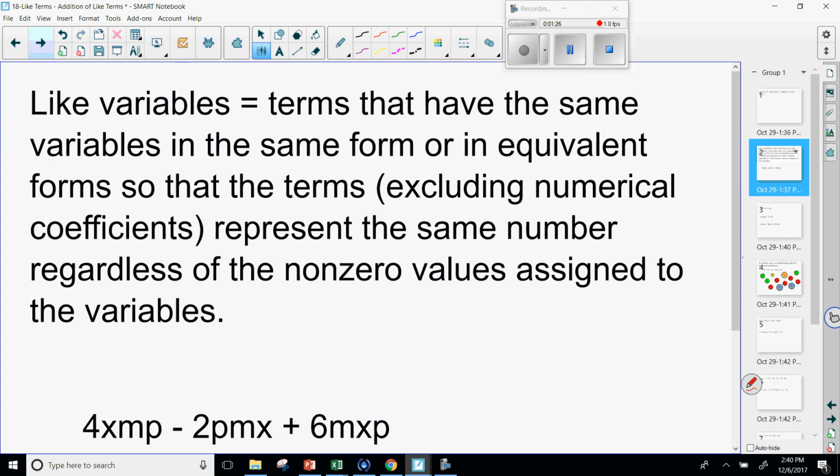If we look down here at the very bottom of the screen, we have 4xmp minus 2pmx plus 6mxp. How many terms are there? Three. 4xmp is one, negative 2pmx is another one, and plus 6mxp is the third one. So there's three terms.